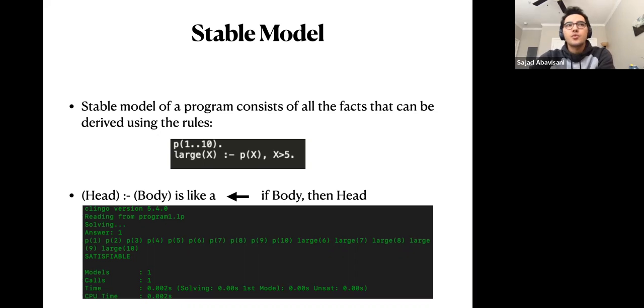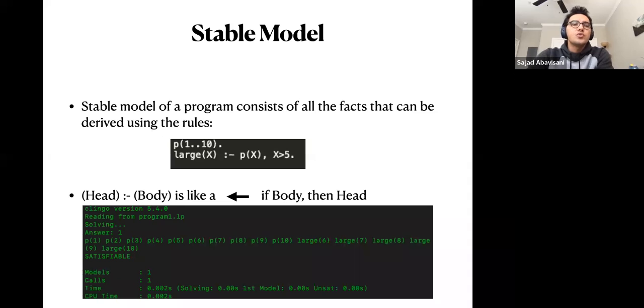The first one is the fact, the second one is the rule. And you can see the structure of a rule is a head, colon dash, body. That colon dash sort of looks like an arrow, which says that if the body, then the head.